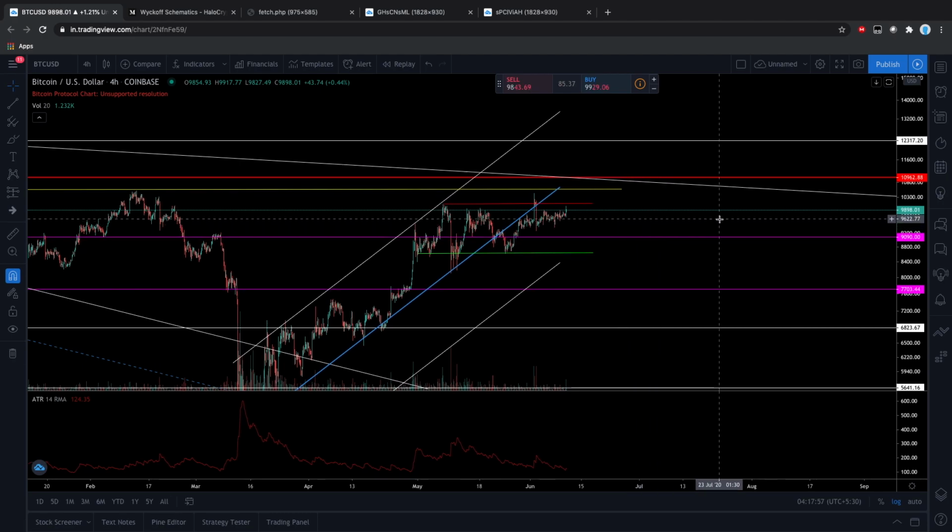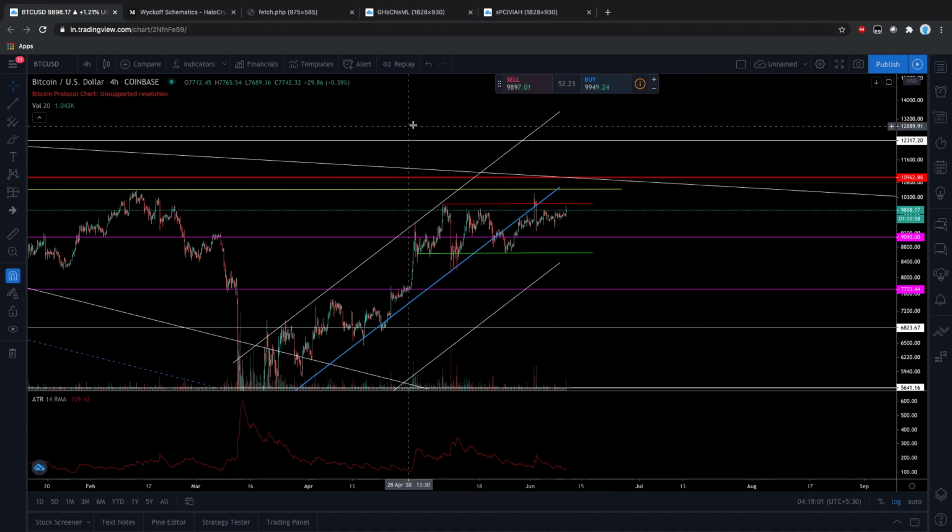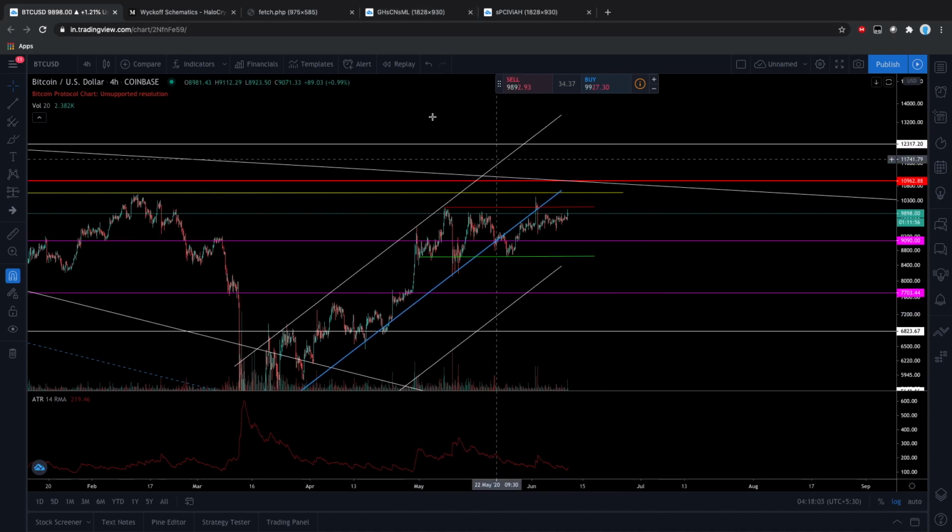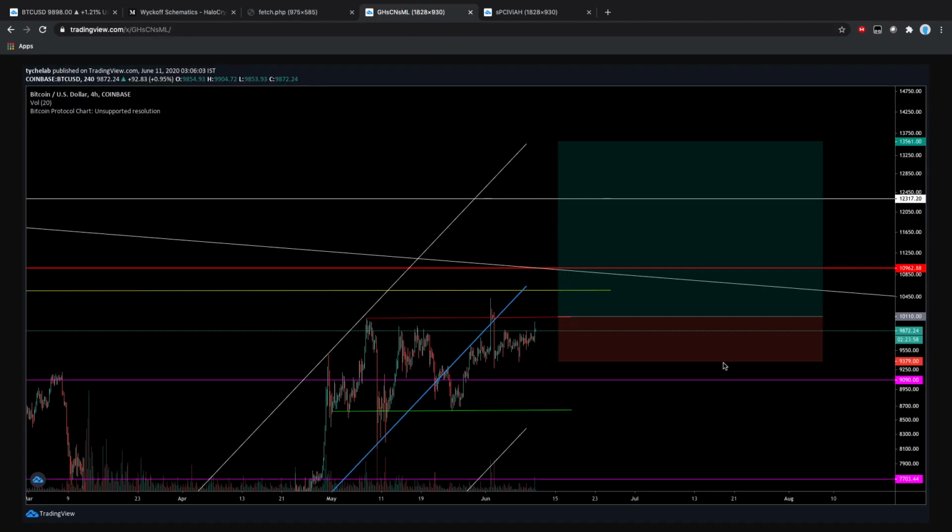What ATR suggests is, go long once the resistance is broken, which is once the 10110 level is broken, with a stop loss of 9379, and the targets are 10962, 12,317, and 13,561.